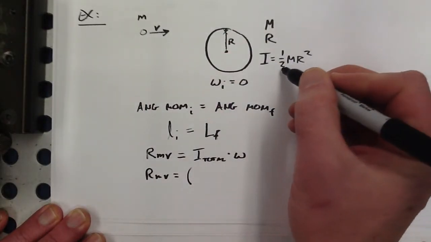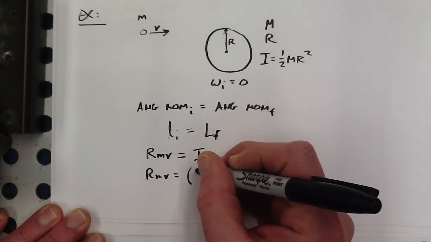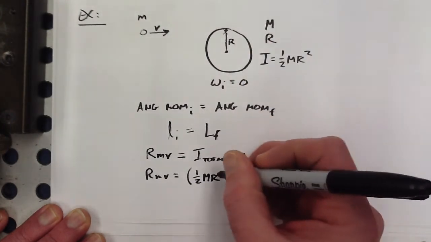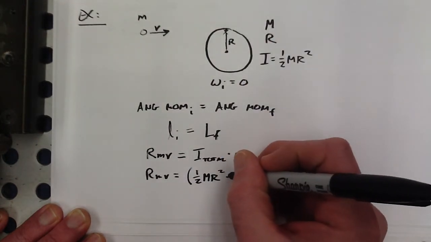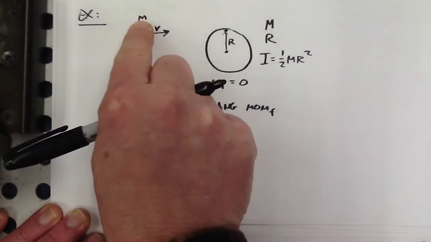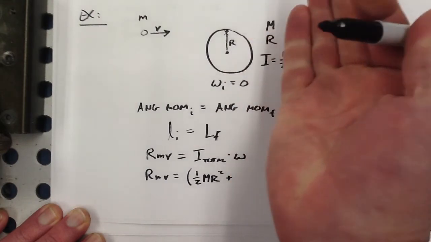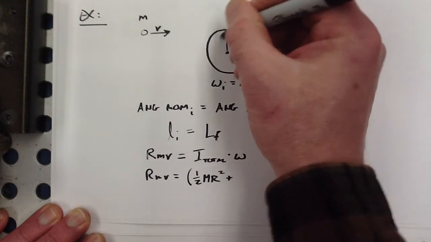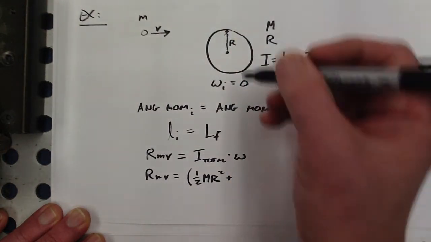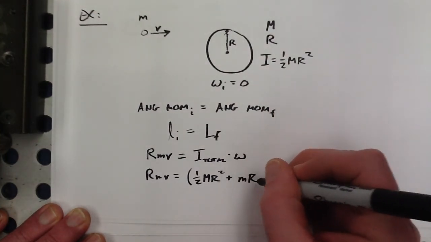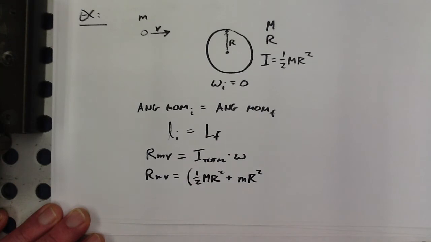So the I total is 1/2 MR squared for the disk, or the merry-go-round, plus the rotational inertia of the kid. Now, how are we going to do that? Well, the kid, relative to the merry-go-round, is basically like a particle. So what's the rotational inertia of a particle? It's just MR squared. So M of the kid times R squared.